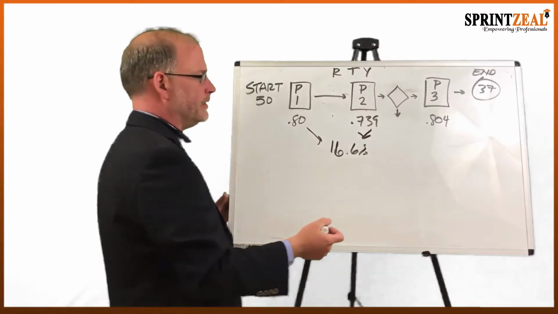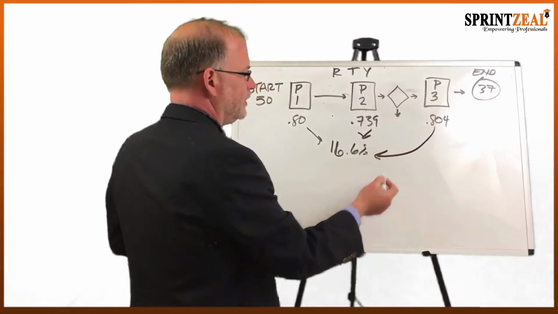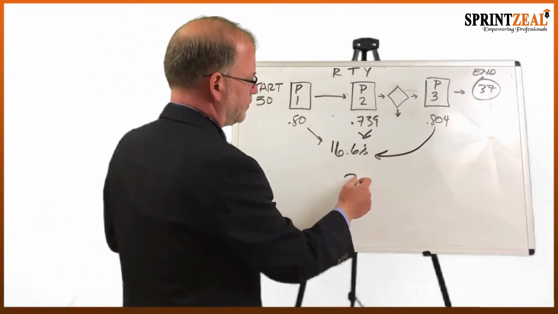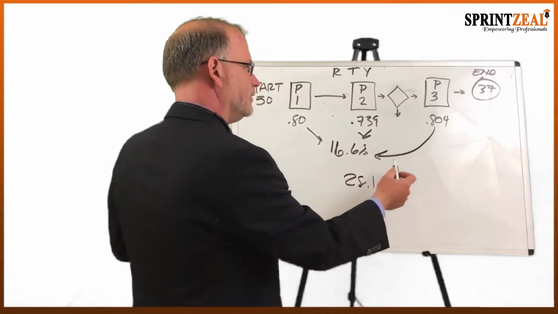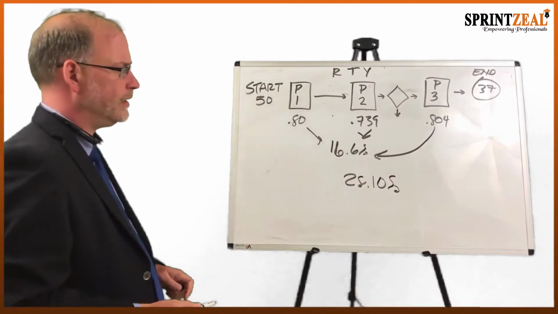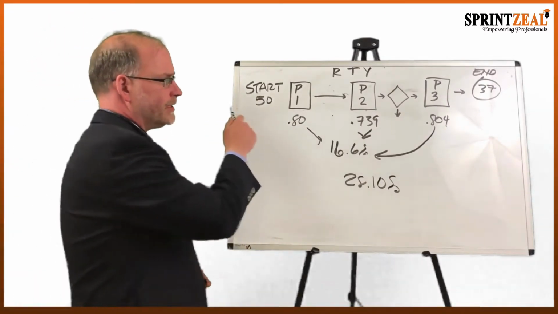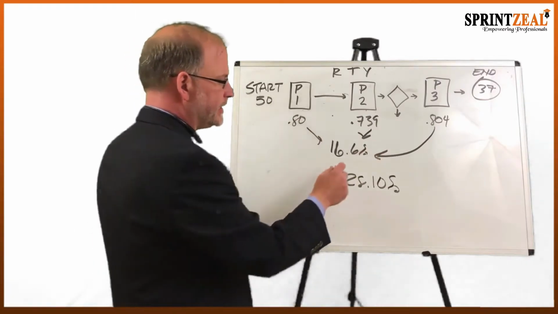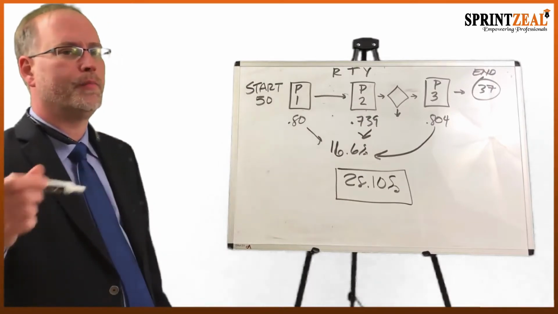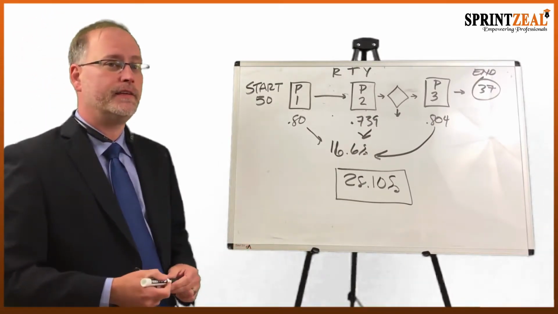Then what we're going to do is have to take the product of 80.4 to our 16.6, which gives us 28.10%, so 28.1%. So our rolled throughput yield of this three-step process is equal to 28.10%. And that's how you calculate rolled throughput yield.